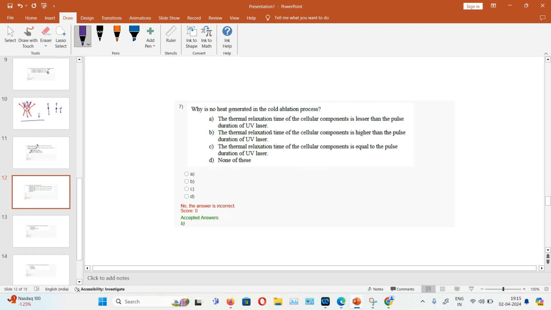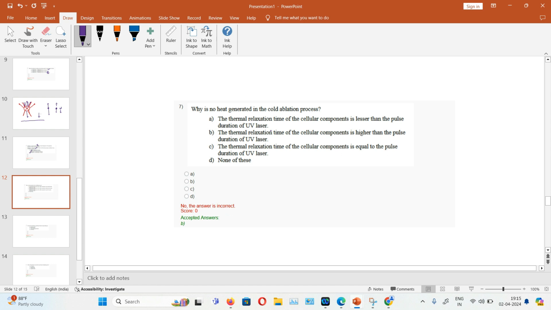Why is heat not generated in the cold ablation process? What is meant by the cold ablation process? We use an ultrafast laser pulse such that, before the molecule gets vibrated, the molecule is detached from the surface or from that particular entity.